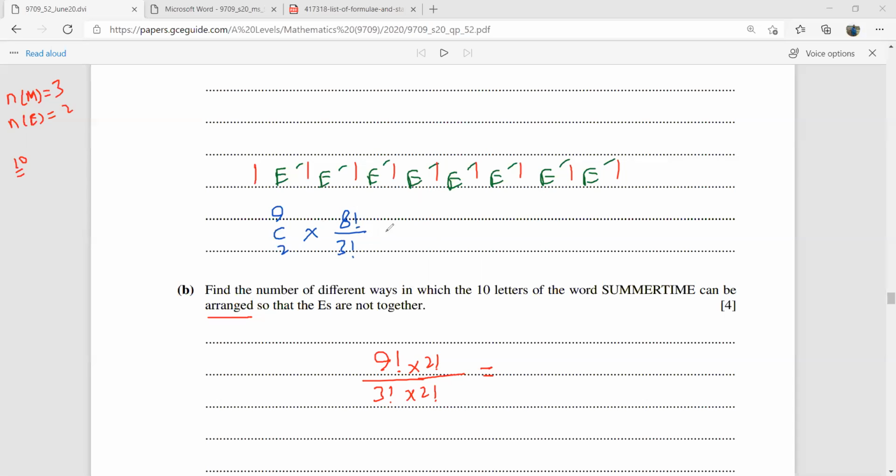Please make a check. Both of them should have the same value. So what is the answer? 60,480. So both of these should be 60,480. I hope it's clear.